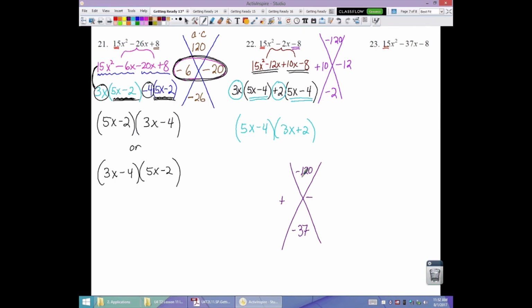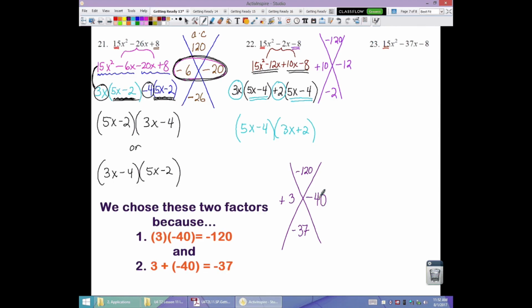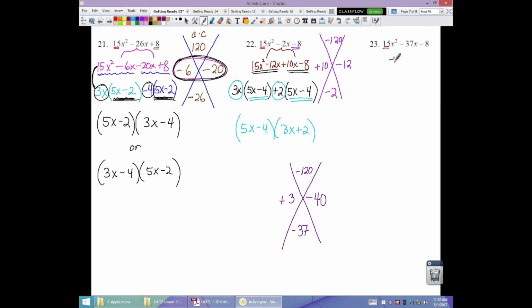It's 3 times 40 is 120, and they're different by 37. So I want positive 3, negative 40. Just like I did in the last problem, I will write the negative 40x first, and then plus 3x second. It's up to you. That's my suggestion. 15x squared doesn't change. Minus 8 doesn't change. So again, we just broke up that middle term.